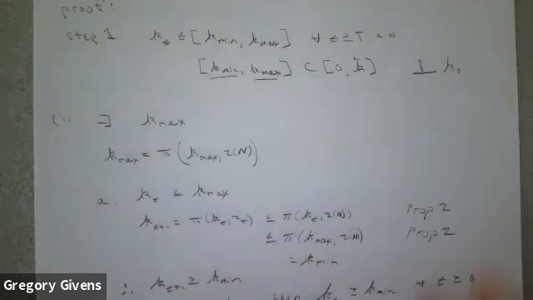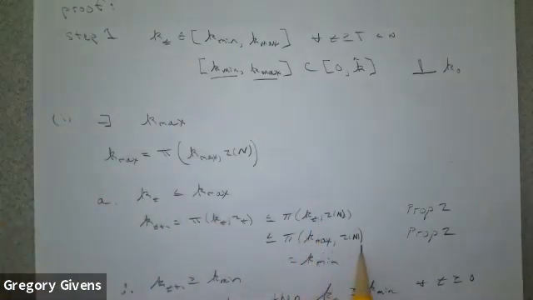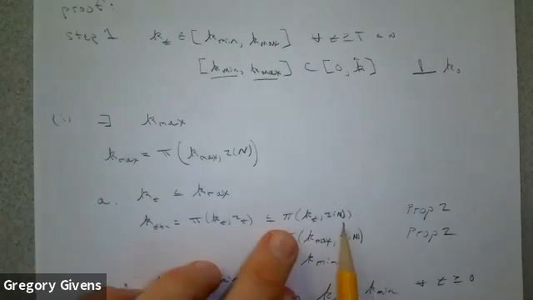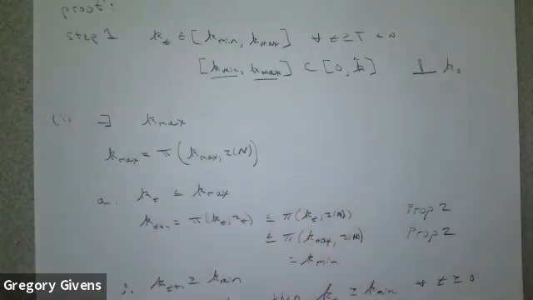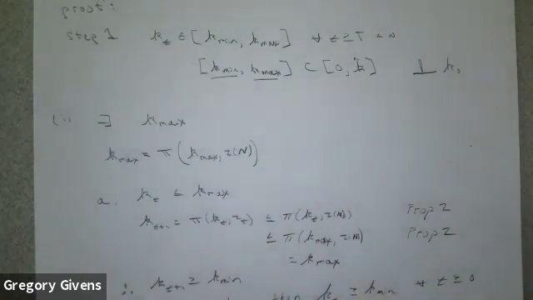Again, by proposition 2, if we're assuming that K_t is less than K_max, then pi of (K_max, Z_n) is going to be bigger than or equal to pi of (K_t, Z_n), because pi is increasing in the capital stock. Well, what is pi of (K_max, Z_n) equal to? That's just K_max. That's our definition of this highest optimal value of capital given the best realization of the shock forever.